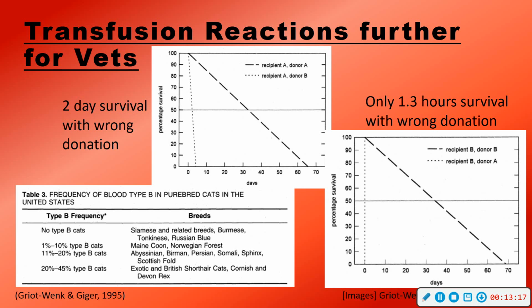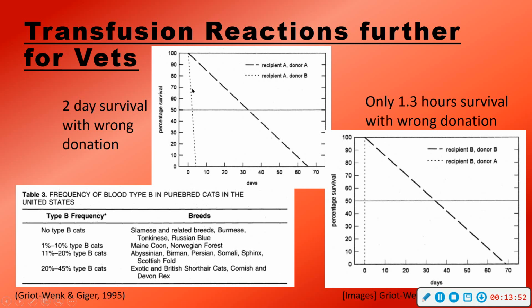Now, why was this so important? Why would a transfusion be such a huge issue for vets to learn about? Well, after doing their research and gathering all their information, they found that if you look up at this table, recipient A receiving donor A survived; they either got better or lasted longer.